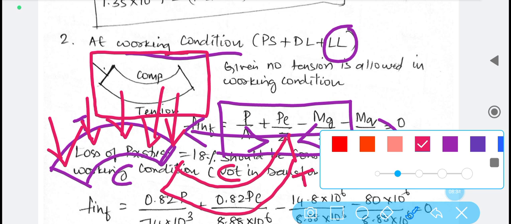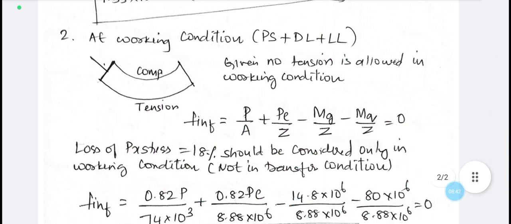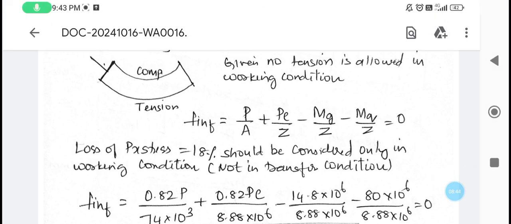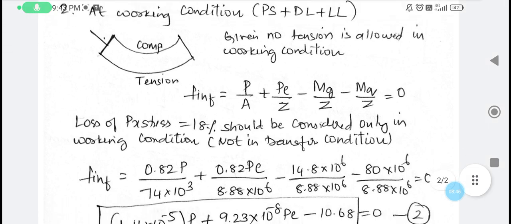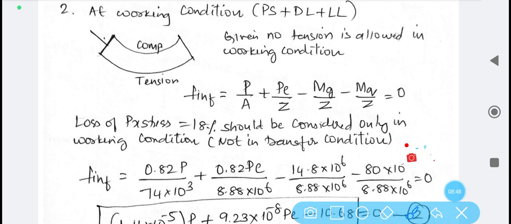At the bottom fiber tension is acting, and compression is acting at the top fiber. Since the tension is acting here, we need to choose the F inferior equation and then equate it to 0.